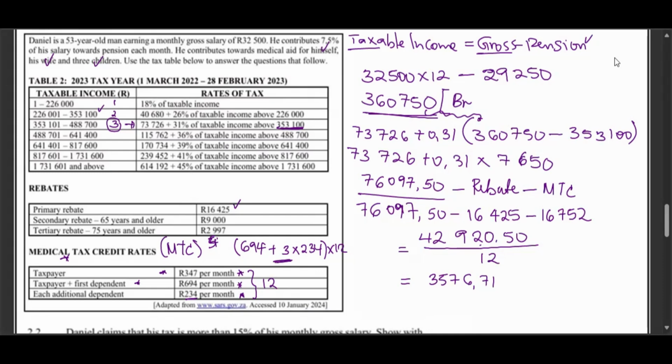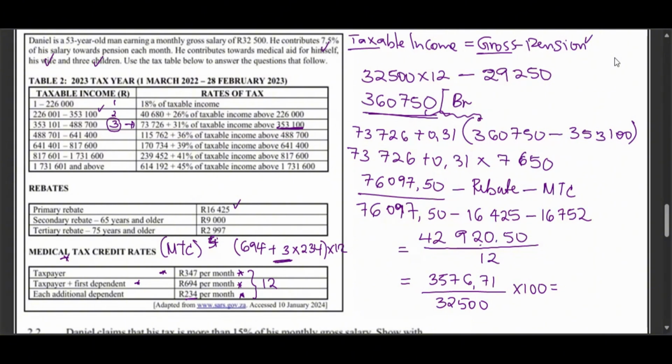How are we going to do that? We're going to divide this, but remember he gets, so we multiply by. Should this answer be more than 15, then the claim is right. Should the answer be lower than 15, then the claim is what? The claim is invalid.